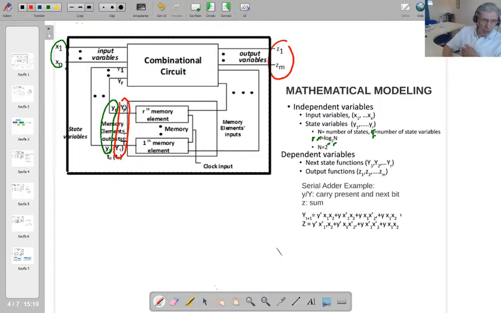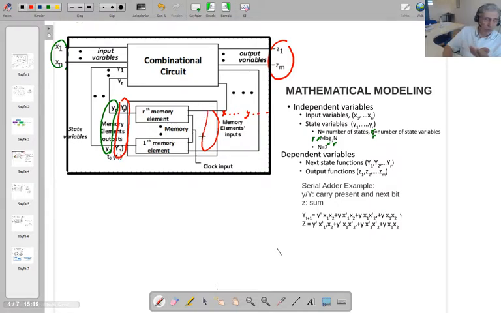Why are we saying these are the dependent variables? Because this is a combinational circuit. The small y's come in as the input, and these are the input variables. Some part of this combinational circuit goes into the memory elements. So these values here depend on the small x's and small y's. According to these inputs, the memory element is going to work and give you an output.